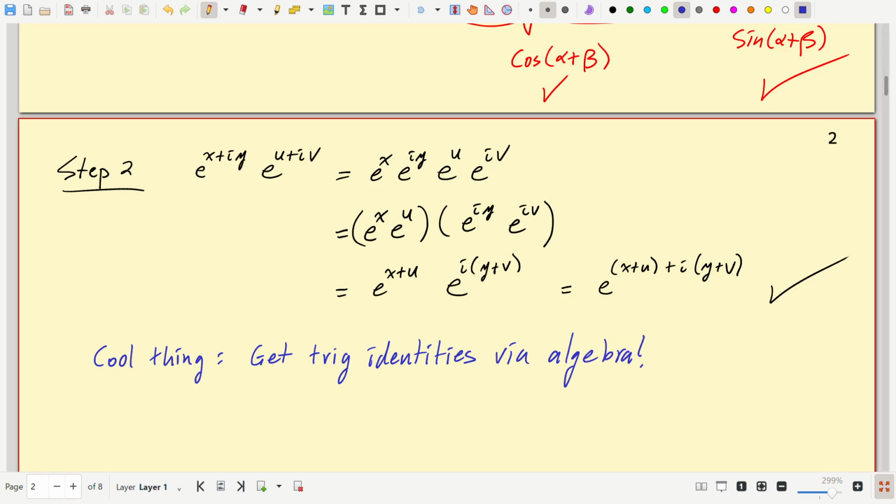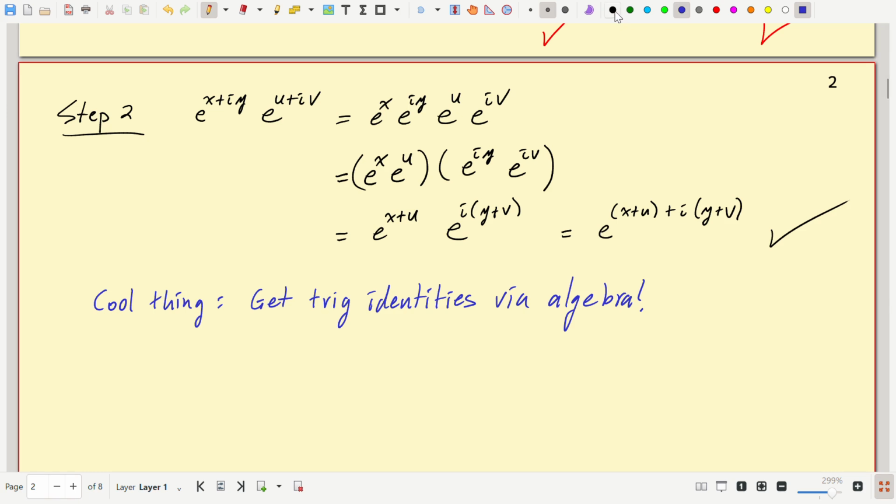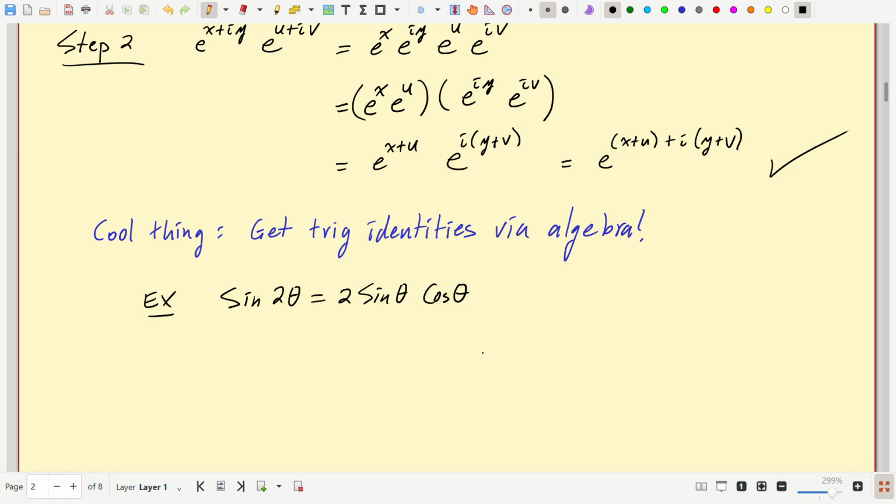Let's see, an example would be, how about sine 2 theta? So sine 2 theta is 2 sine theta cosine theta. Okay, so how would you see that?